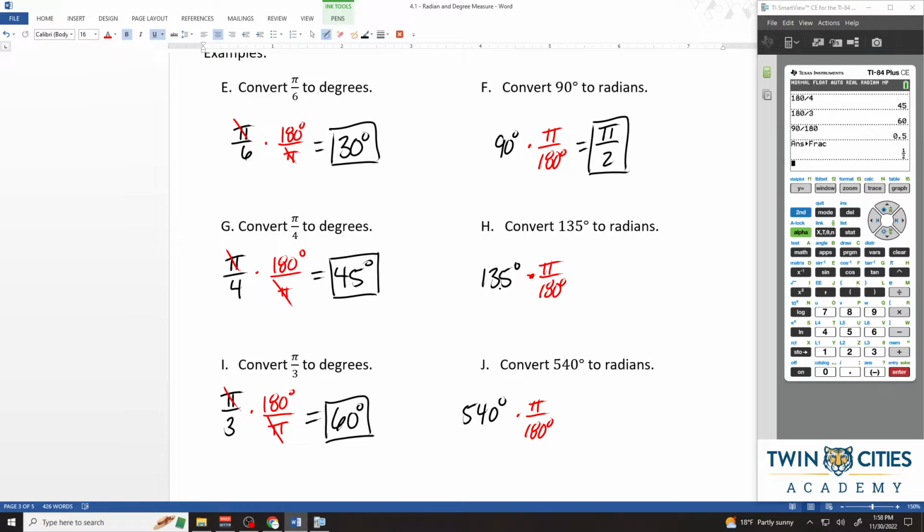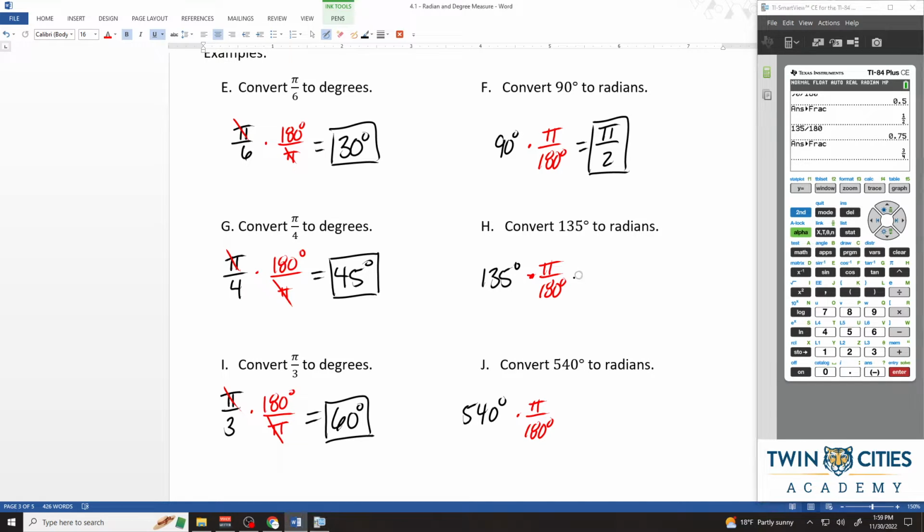For this next one, I've got 135 over 180. So in my calculator, 135 divided by 180. This is 0.75 pi. We know this as 3/4, but let's say that we didn't. Math, enter, enter. And this gives me 3 over 4.